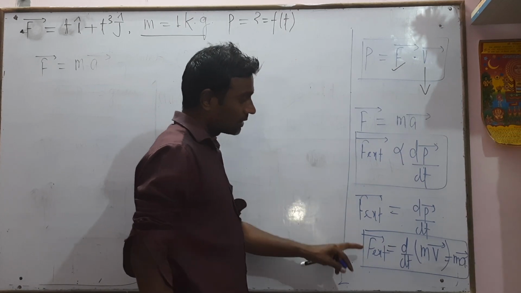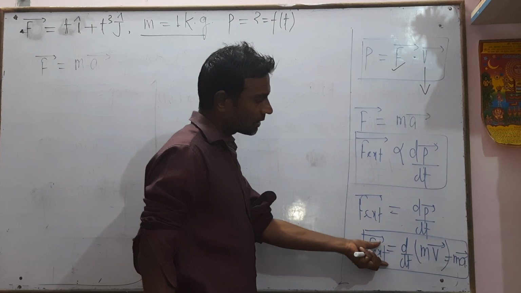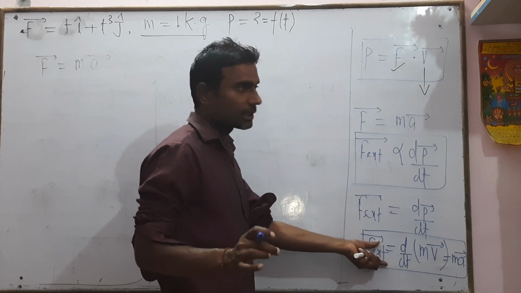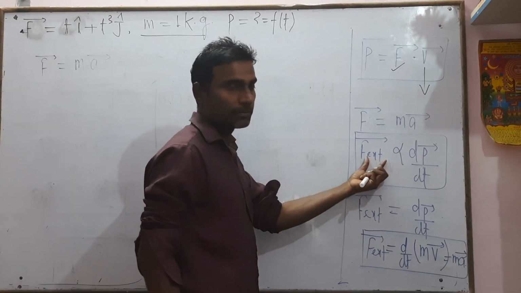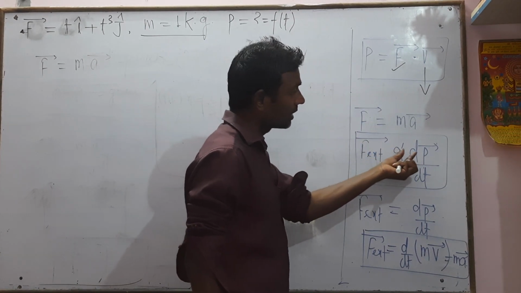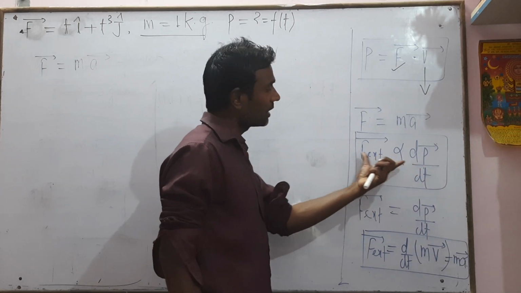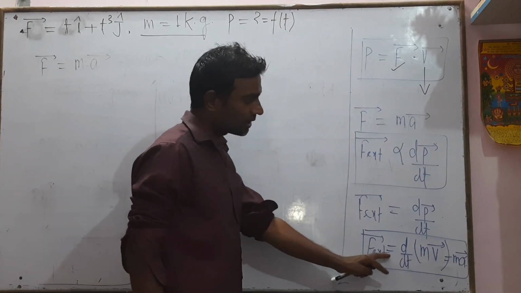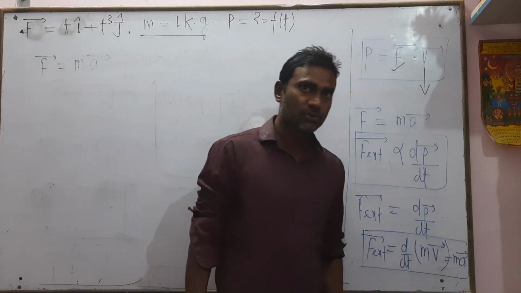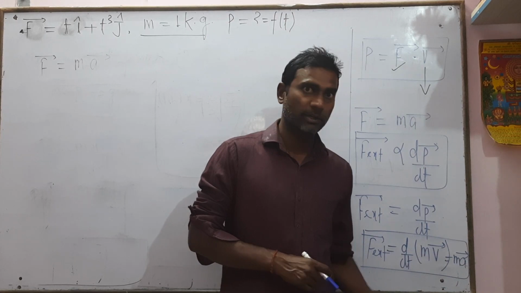This is a special case of the main law, not the perfect general Newton's second law. The general form says F external vector is directly proportional to the rate of change of momentum vector. If mass is constant, then F external vector equals m times the acceleration vector.